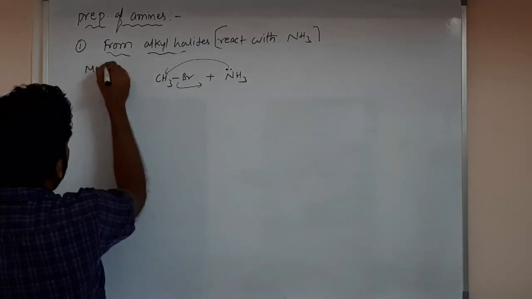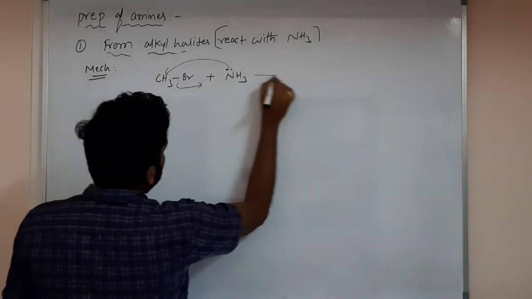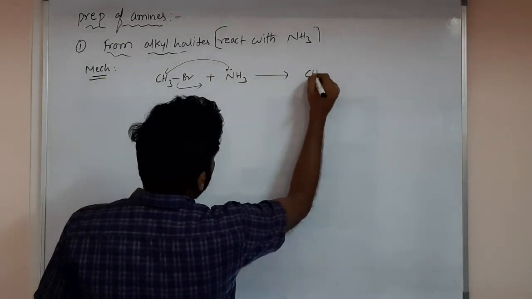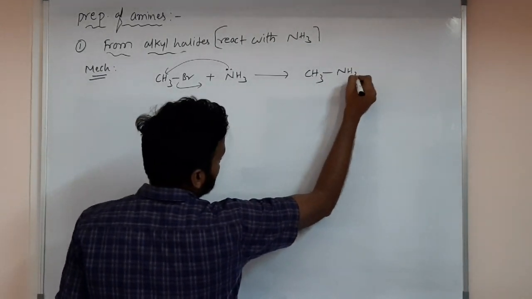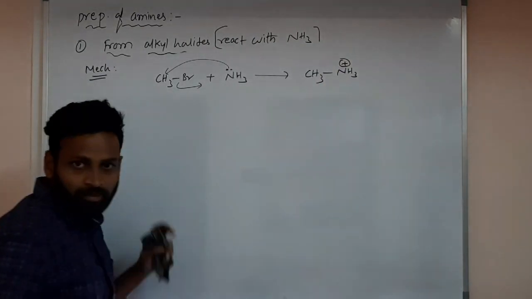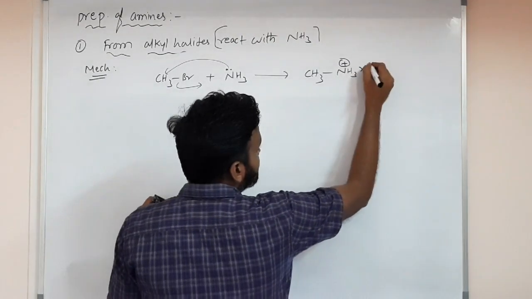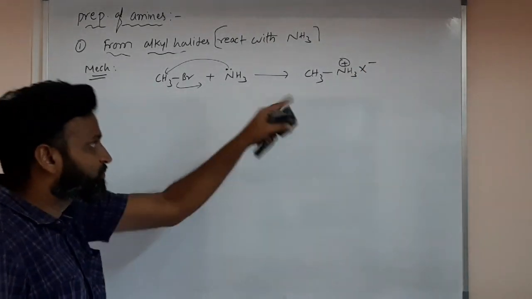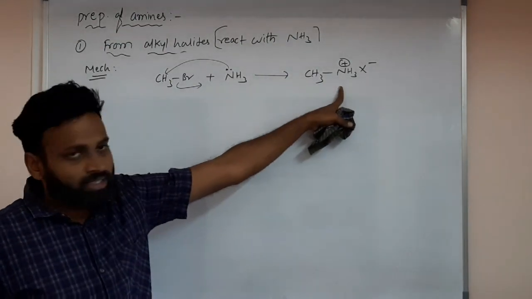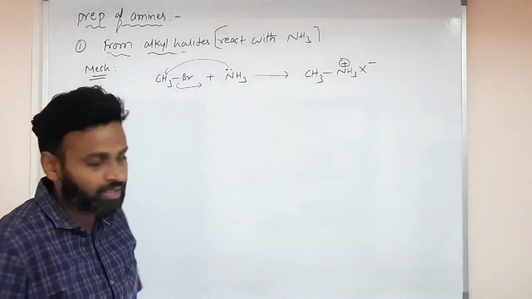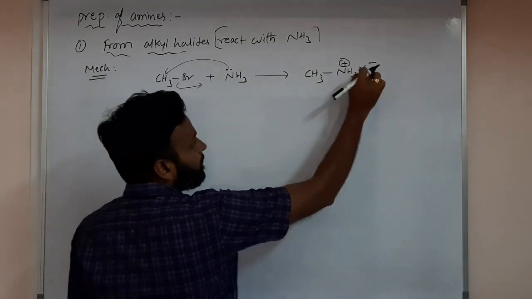Now what happens? You get CH3NH3+ and X minus. This forms first; I actually wrote HX directly, but this salt will form, methyl ammonium halide.